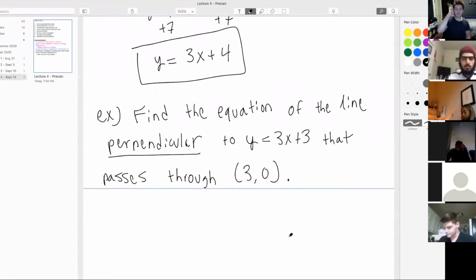We're looking for a line that's perpendicular to y equals 3x plus 3.